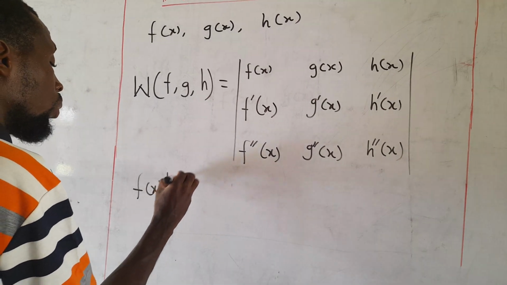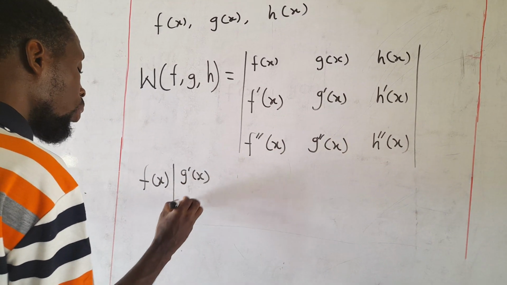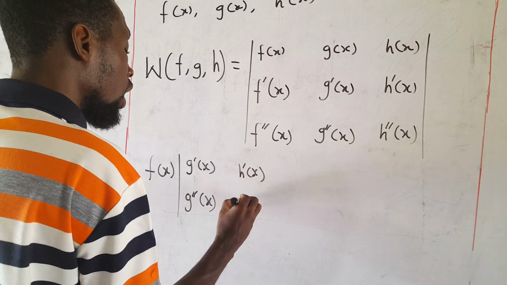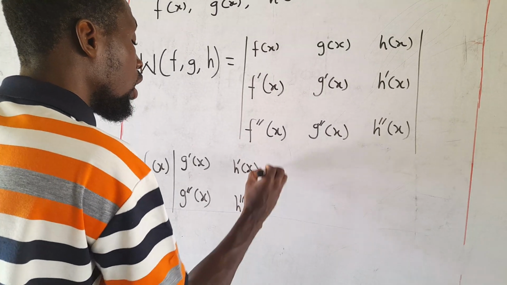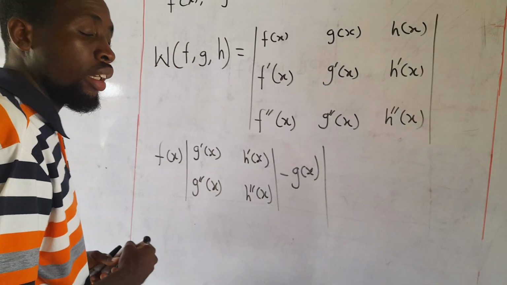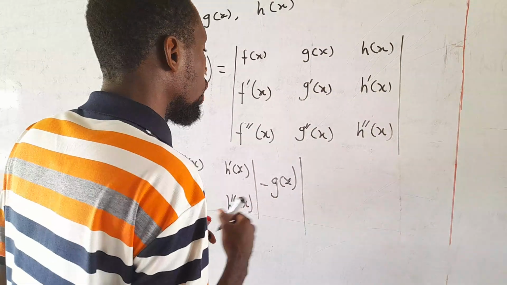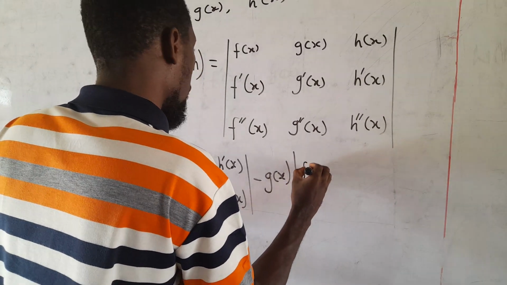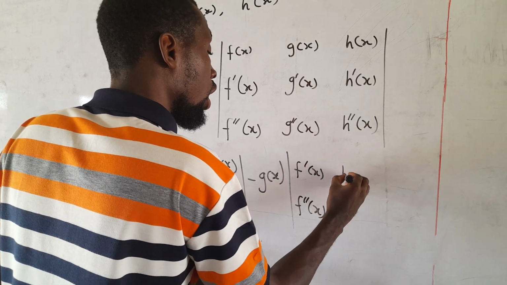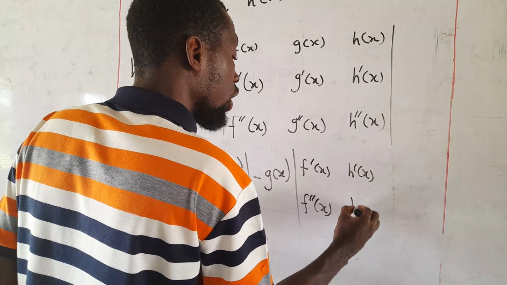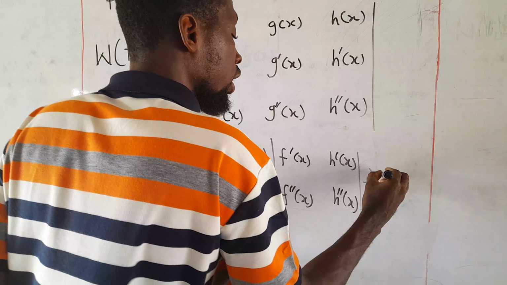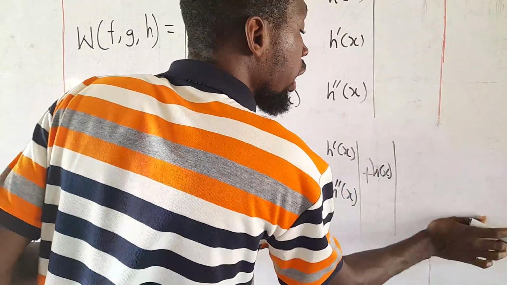So that will be g prime of x, g prime prime of x, then h prime of x, h prime prime of x, then minus g of x, the determinant of what is not under the g. So we have f prime of x, f prime prime of x, h prime of x, then h prime prime of x. Then plus h of x, the determinant of what is not under the h.